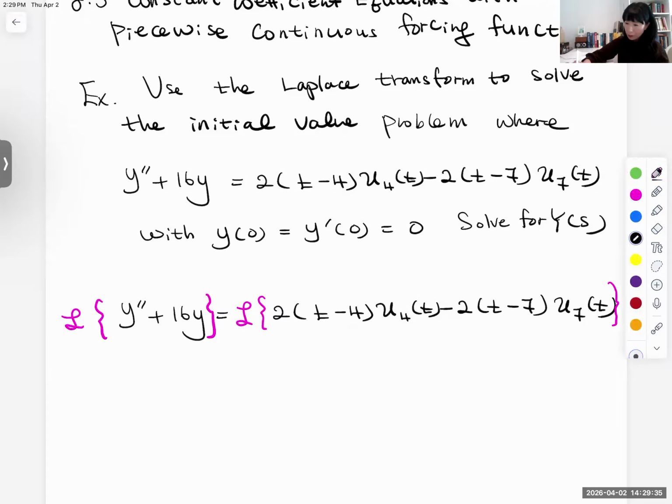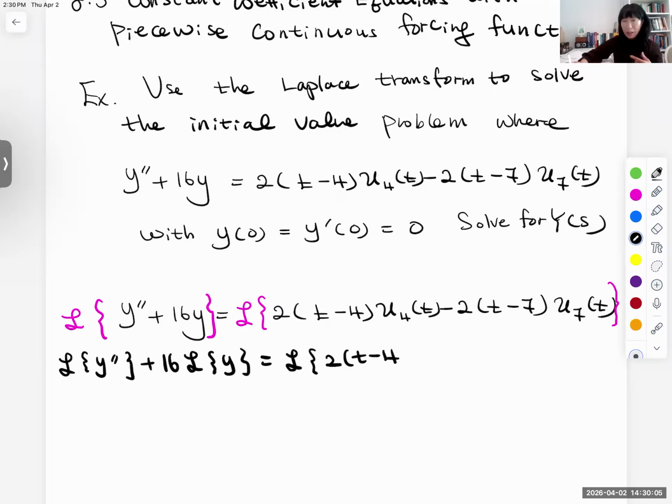We get the Laplace of y double prime plus the Laplace of, let's take out the 16 constant, Laplace of y, equal to the Laplace of, term by term.